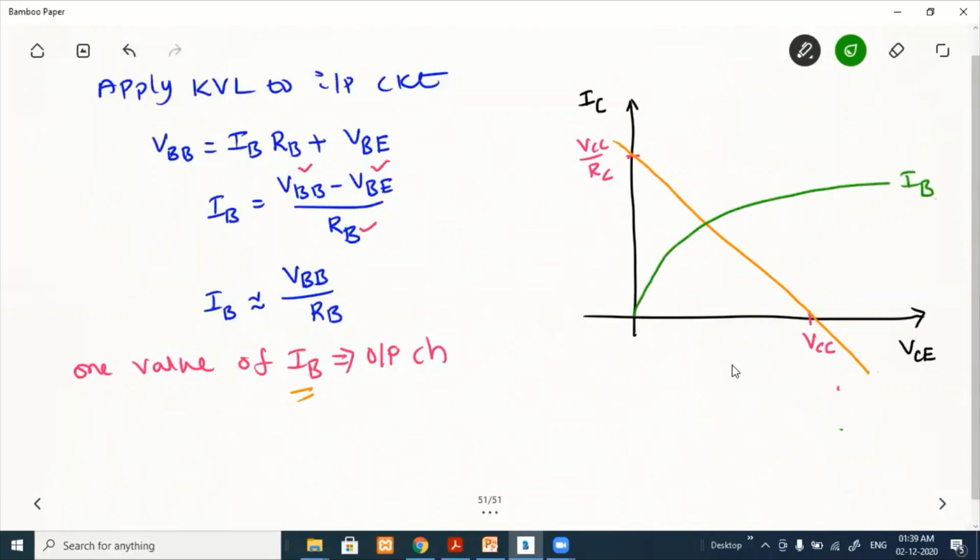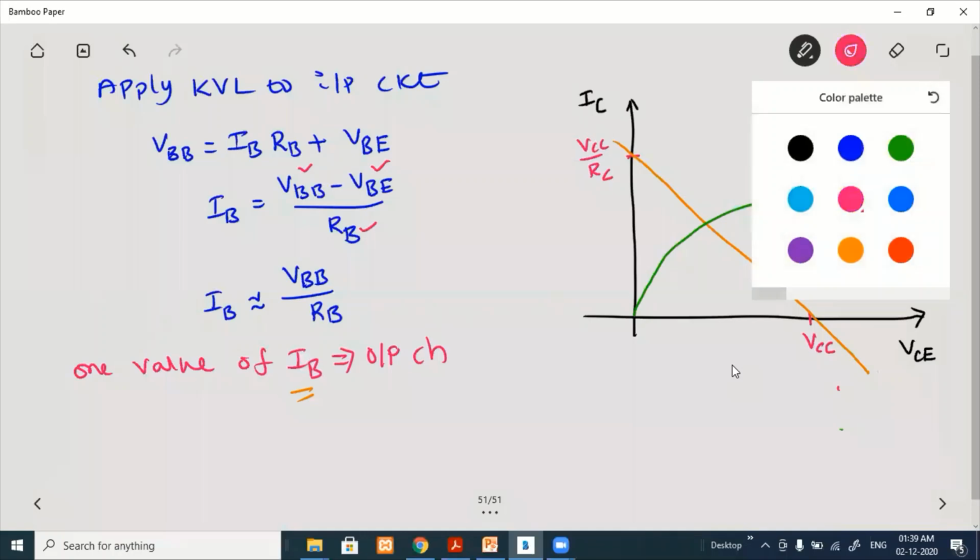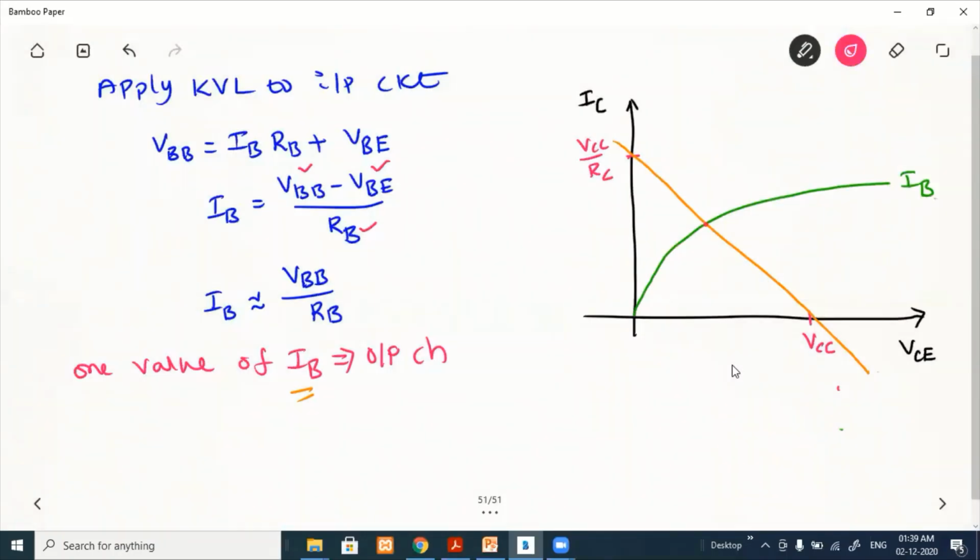Then this IB curve intersects the load line, and that intersecting point we call the operating point, or Q point. The exact operating point lies at the intersection of the IB curve and the DC load line.